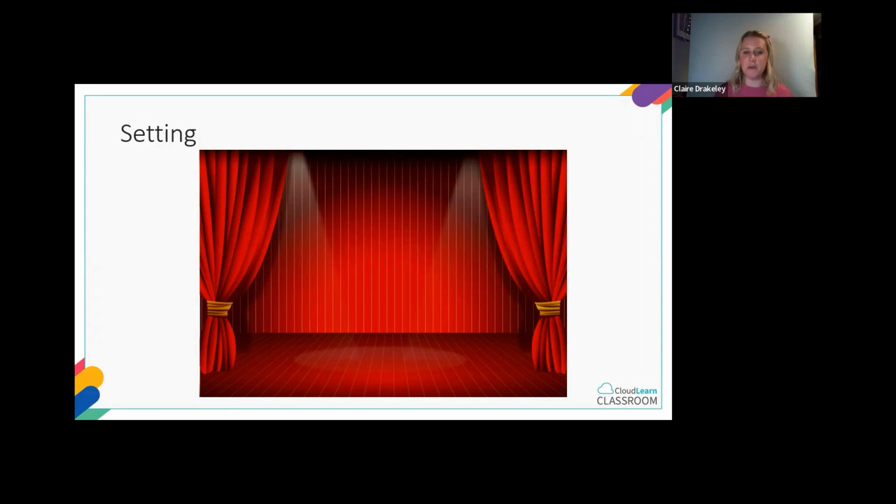The setting can also influence the story itself. Where you place your story can also influence the type of conflicts that your story can portray. It's very important that the setting you describe is consistent with the story you tell and the characters that you describe. So let's take a look at some different options for settings and see which best fit the story that we want to tell.